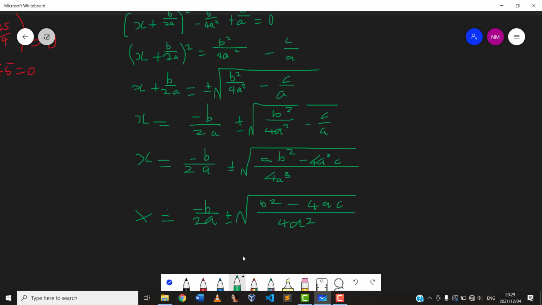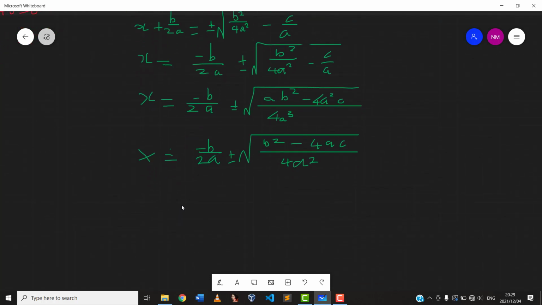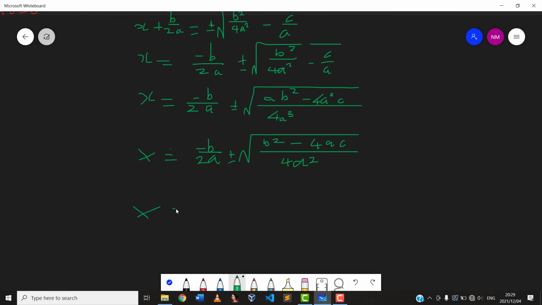And for the last step, you just put this into the form we now know. So x equals minus b over 2a plus minus, and then it's the law of indices.